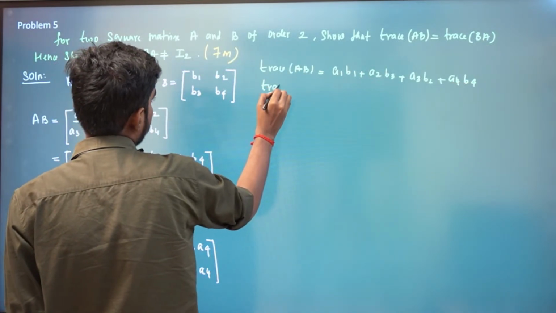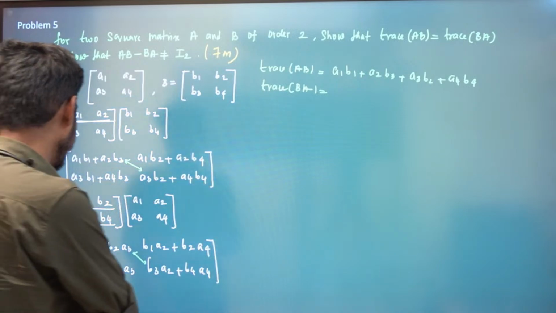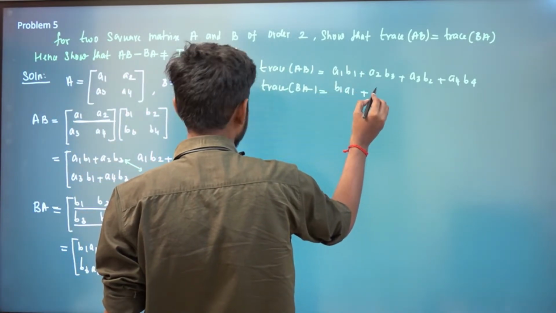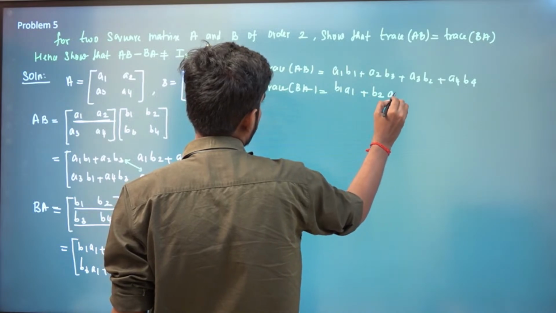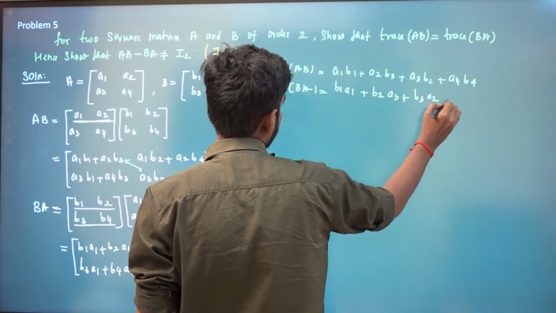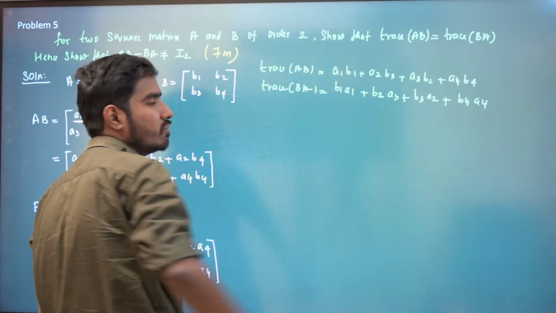And then what is trace of BA? For BA, you find the sum of diagonal elements: B1 A1 plus B2 A3 plus B3 A2 plus B4 A4. Both are the same only, right?